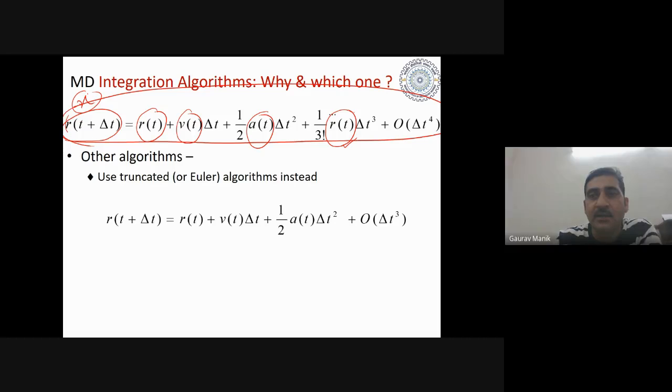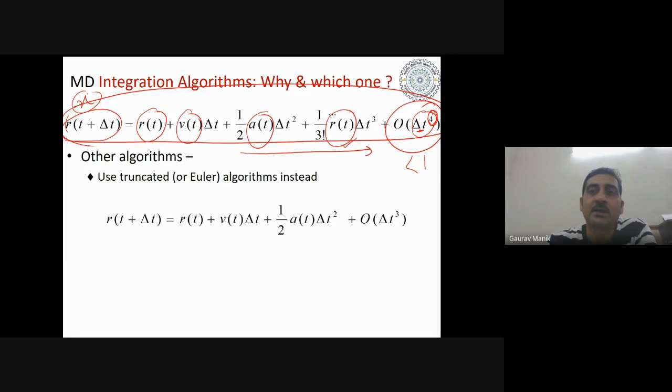So the more derivatives you take, the order of your error goes down. Now, mind it, I am writing delta t to the power 4 as the order of error, but delta t in this case is less than 1. So for anything less than 1, the higher the power, the lower is my error.